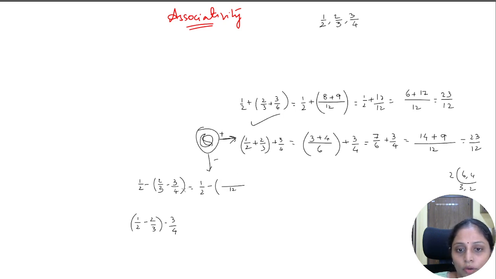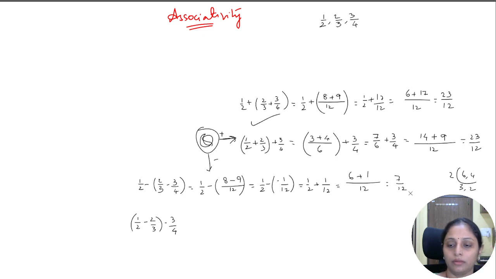Here it is 3 4s, 4 2s 8 minus 4 3s, 3 3s 9, right? Now this is 1 by 2 minus 1 by 12, which is equal to 1 by 2 plus 1 by 12, which is equal to, LCM is 12 to 6, and this is 7 by 12, right?